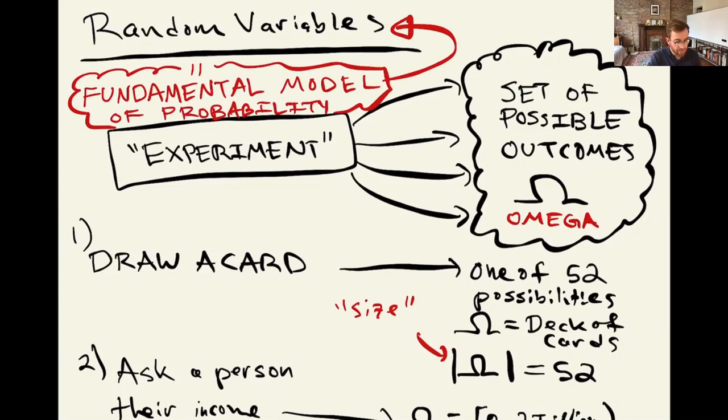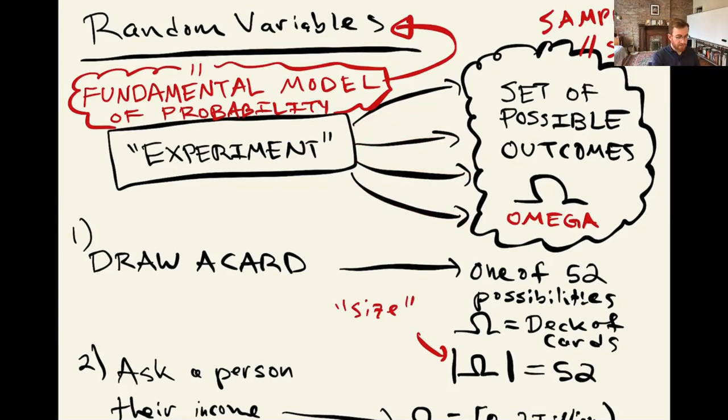A random variable you want to think of as something where you have an experiment, flipping a coin, dating someone, etc., and the set of possibilities varies. That's why we say variable. We don't know what it is. It's variable, but it's constrained to live inside of something called a sample space, Omega.